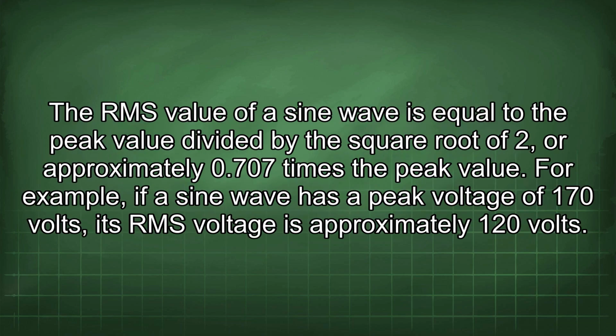The RMS value of a sine wave is equal to the peak value divided by the square root of 2, or approximately 0.707 times the peak value. For example, if a sine wave has a peak voltage of 170 volts, its RMS voltage is approximately 120 volts.